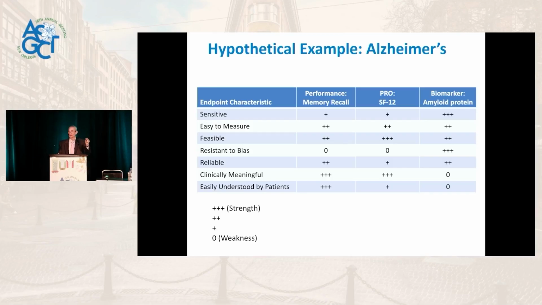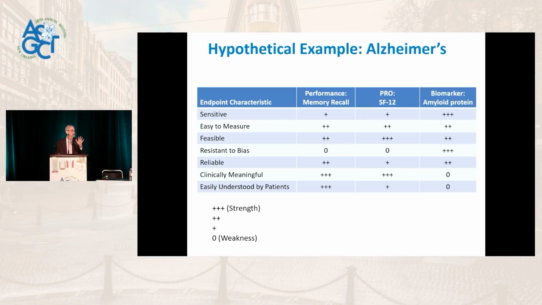Resistant to bias. So when it comes time to choose an outcome measure, don't think about what is the perfect outcome measure. There is no ideal outcome measure. Think about combining outcome measures in your clinical trial, combining outcome measures that complement each other. So if you're using a biomarker, well, that's fine.